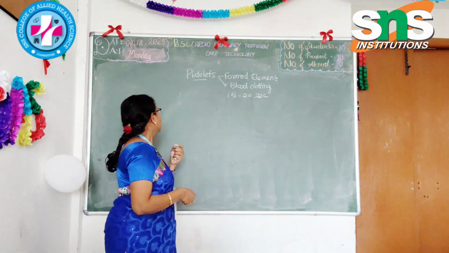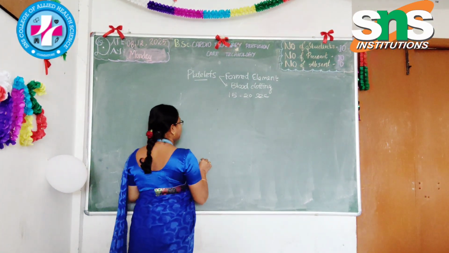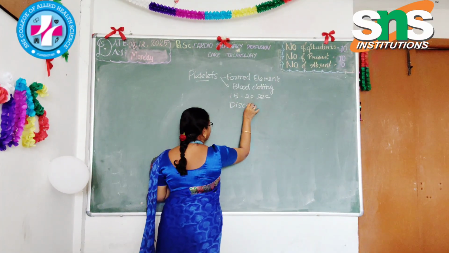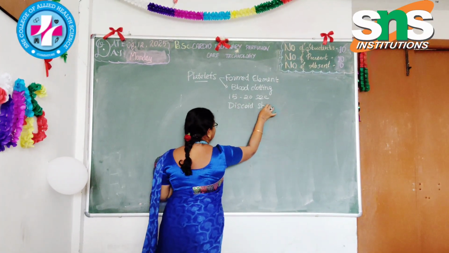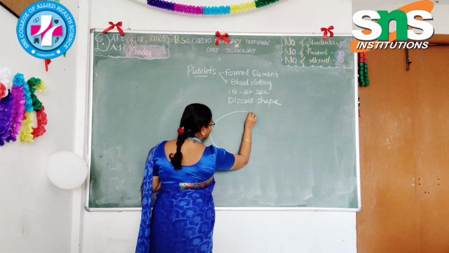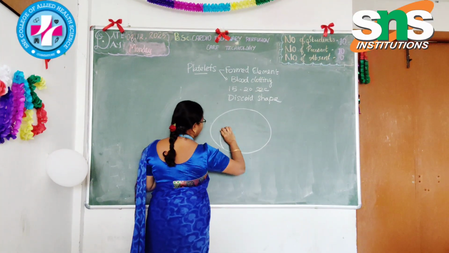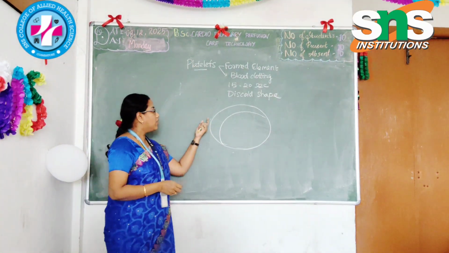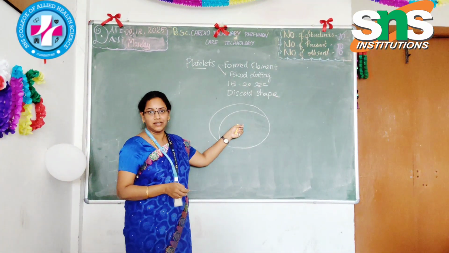Now we are going to see the structure of platelets. The structure of a platelet is a discoid shape. You can have this as an outer surface and this as an inner surface.